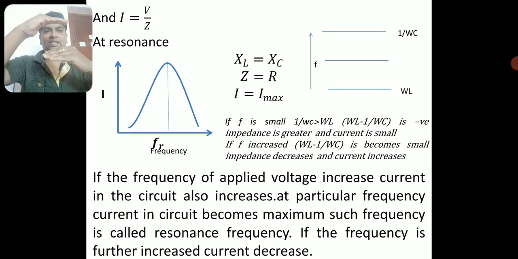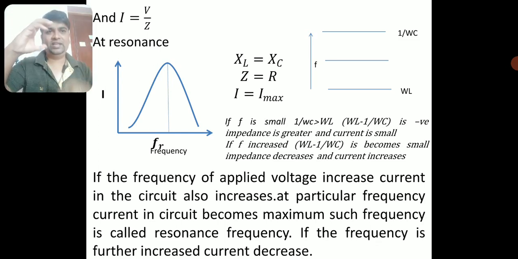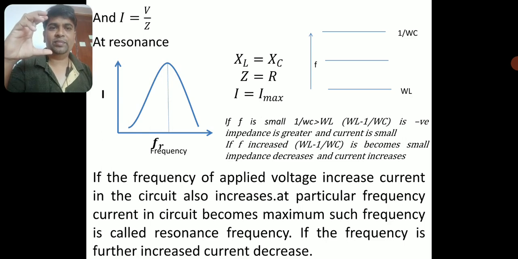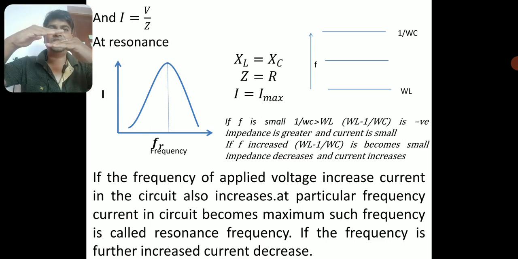Then if frequency is increased, what actually happens is omega L, which is a very small value, will increase, and 1 by omega C, which is having higher value, will decrease. So what about the gap between 1 by omega C and omega L? That gap becomes very small.